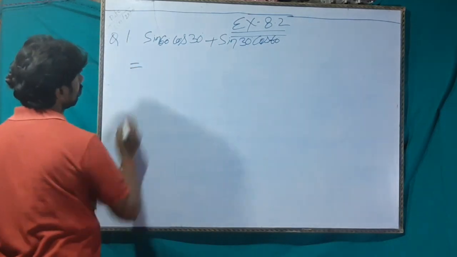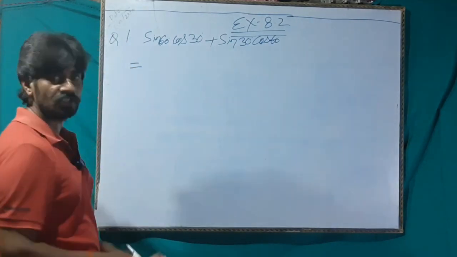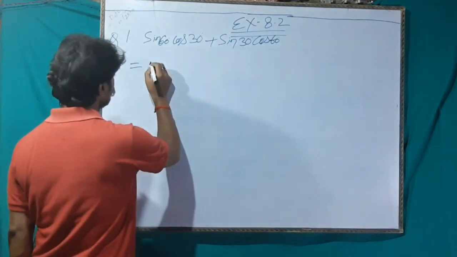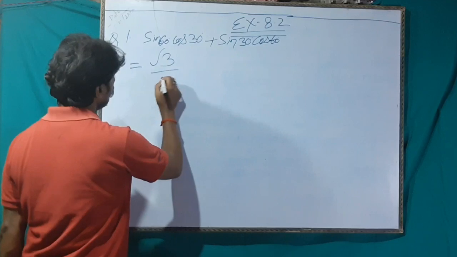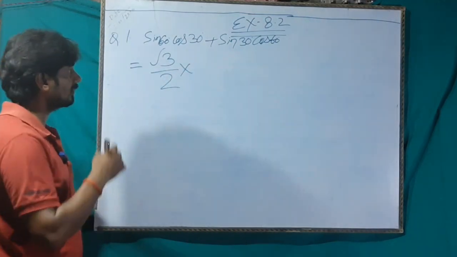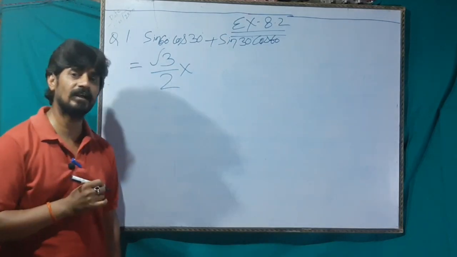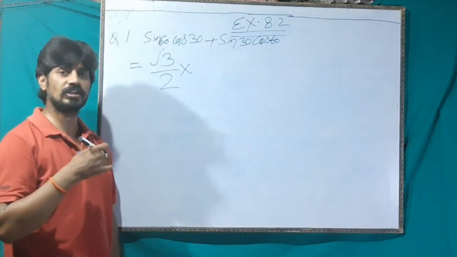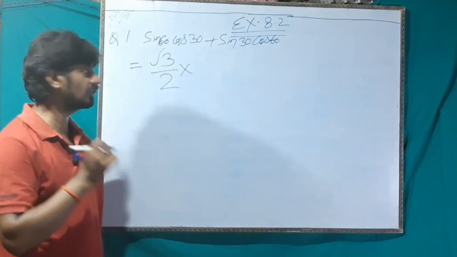Here the value of sin 60 is equal to root 3 by 2. Root 3 by 2 into cos 30 degree. We know the value of sin 60 is just equal to cos 30 degree.